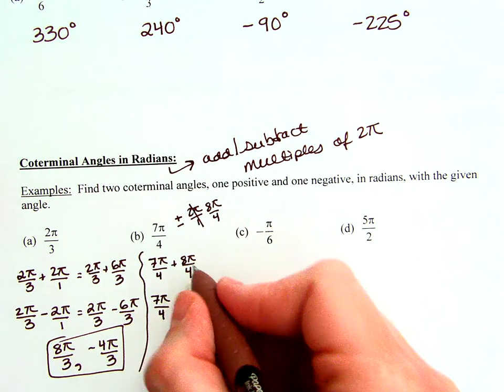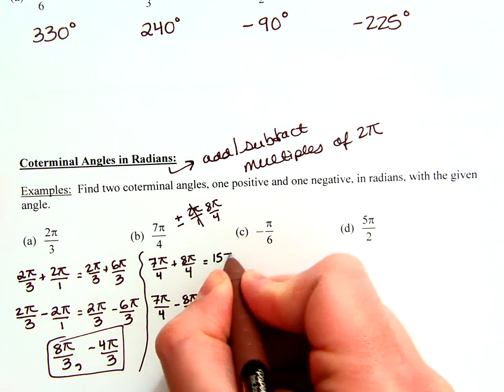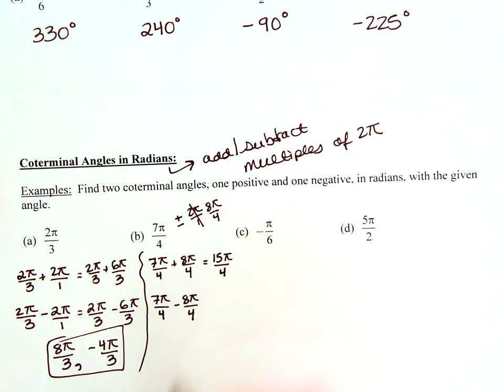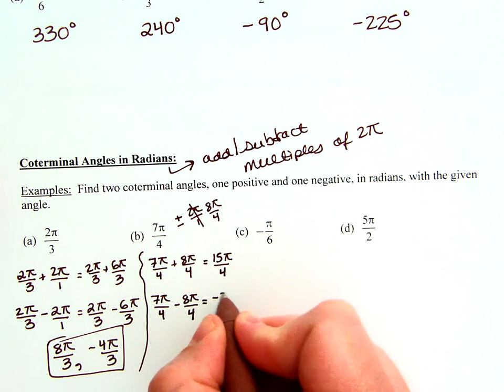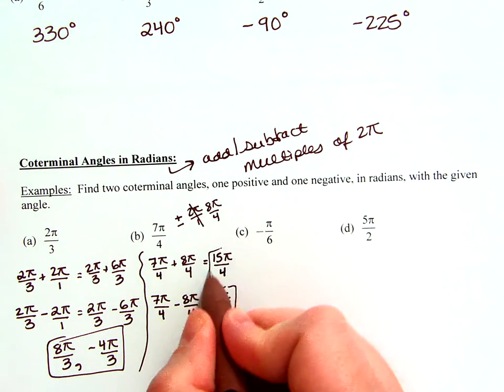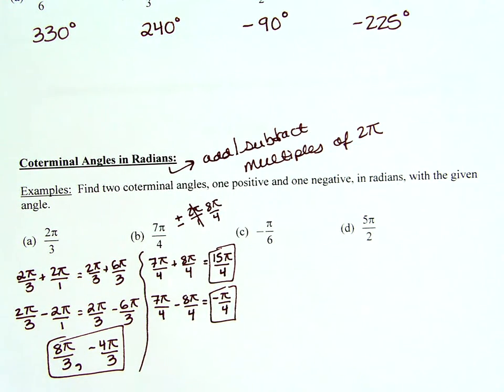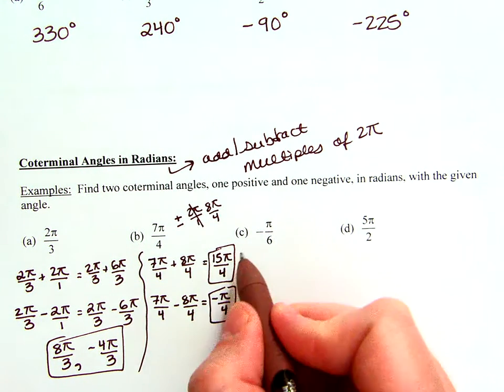Well, 7 pi over 4 plus 8 pi over 4, that's 15 pi over 4. 7 pi over 4 minus 8 pi over 4, that's negative 1 pi over 4. And those are my two coterminal angles. Negative pi over 6, I'm going to add or subtract multiples of 2 pi. See if you can figure out what that is as a fraction over 6.